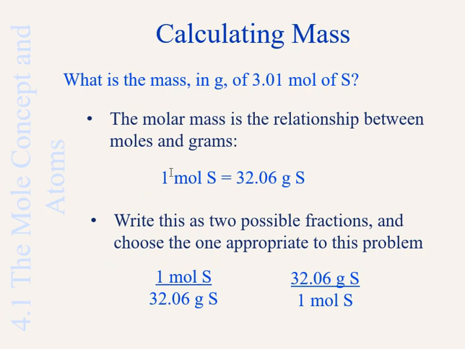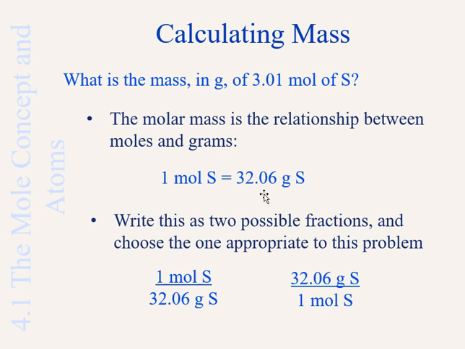The relationship, which you can find on the periodic table, is 1 mole of sulfur equals 32.06 grams of sulfur. Now how is this relationship on the periodic table? On the periodic table, under the column for sulfur, number 16, you will see the number 32.06. Previously I said that's the atomic mass.